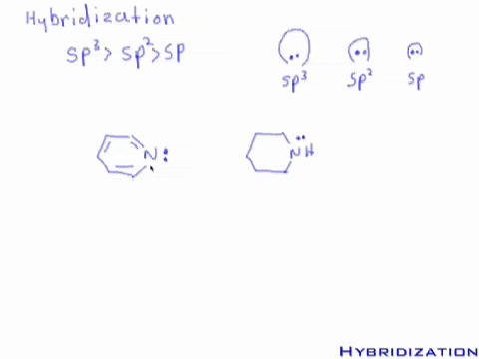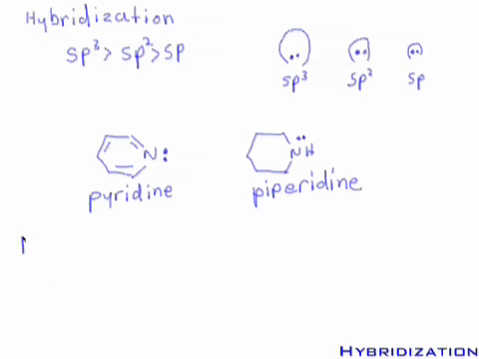In pyridine, so let's write this down, the molecule's lone pair is in an sp squared orbital because nitrogen's sp squared hybridized. The net result is pyridine's a much stronger base.